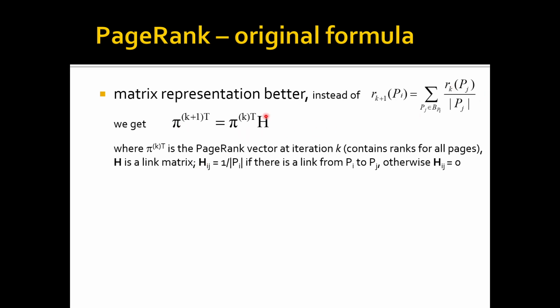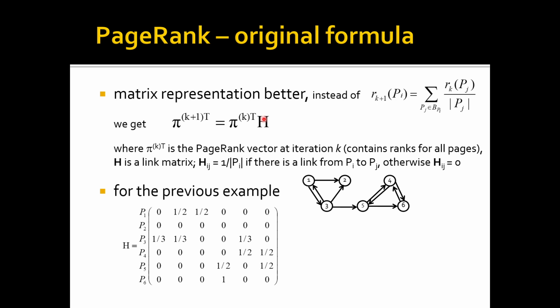If we represent the outlinks, and inlinks of course, by a matrix, that is a square matrix between all of the pages, an n times n matrix, then we can represent this component in the matrix.